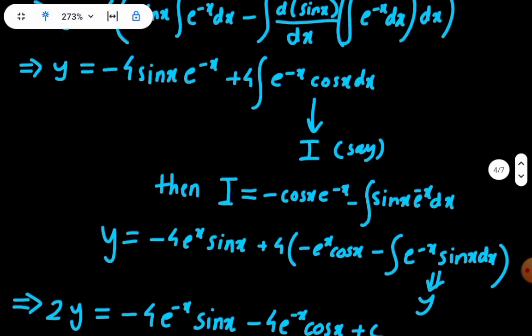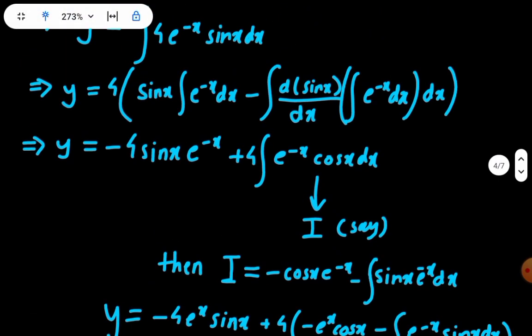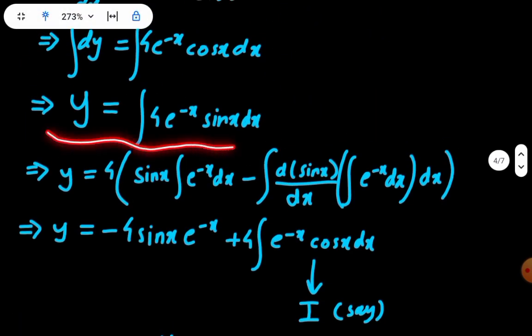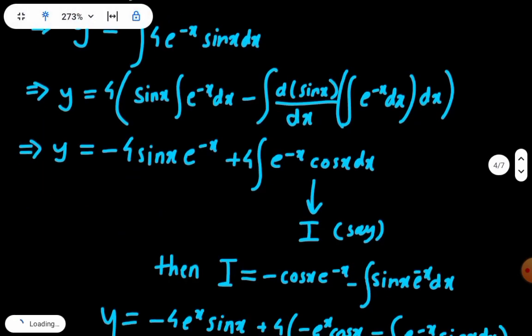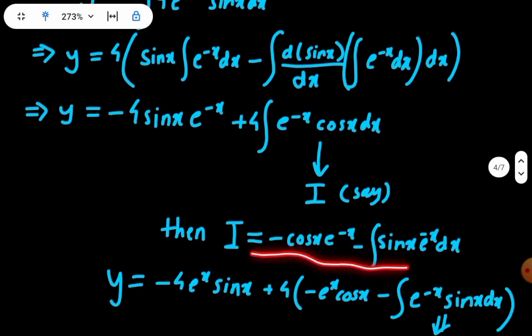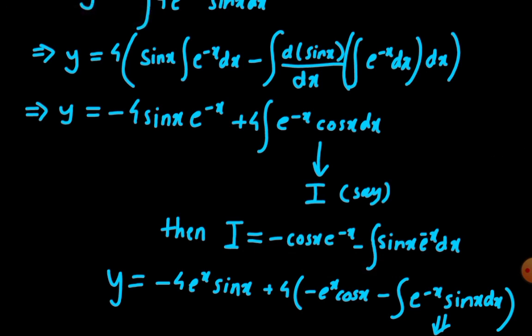Now, solving this capital I, just like the way we solve the y equals the integral of e to the power minus x sin x dx, we get this particular equation, right? Now, if we see carefully, we get this particular expression, which is sin x e to the power minus x dx, right?